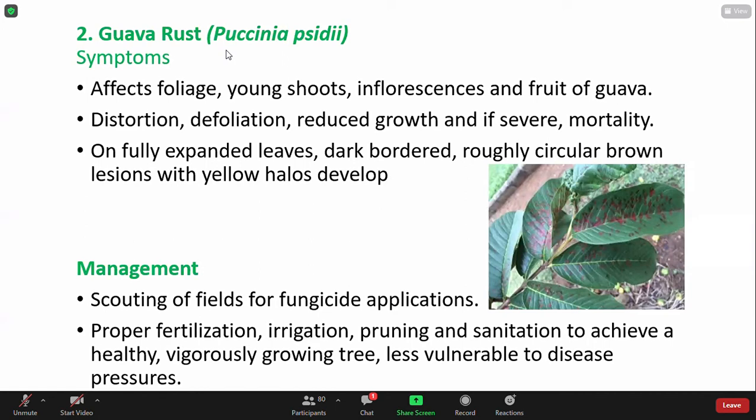Brown color paper bag. Yeah, brown color what? Which material? Paper bags. Paper bags. Other things for bagging of vegetable crops like snake gourd.